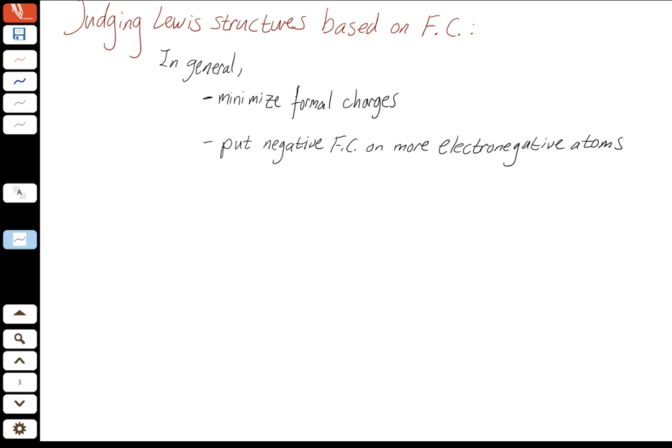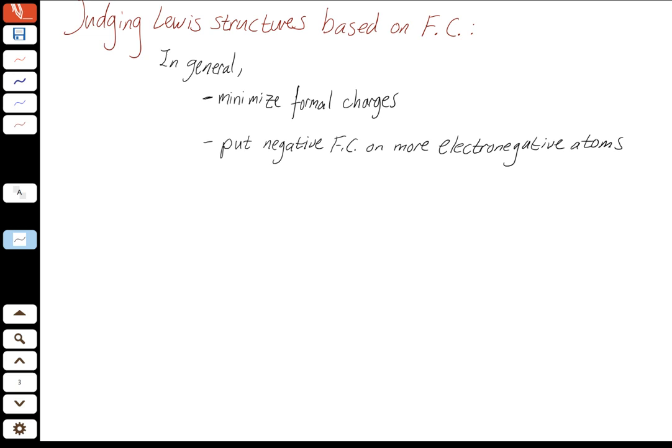And in general, again, formal charges greater in magnitude than plus or minus 1 are usually very unstable.